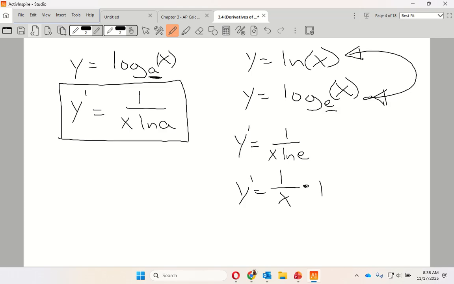And the base here is e. So I'm using this, so 1 over x. You're okay with the 1 over x? Then on the bottom, I should have ln of whatever my base is. In this case, my base is a, but over here, my base is e. And then ln of e equals 1.